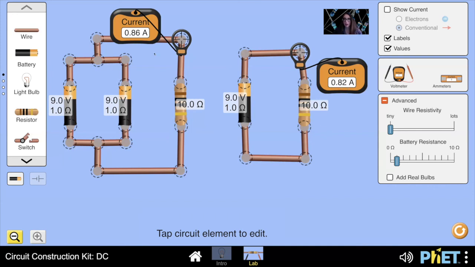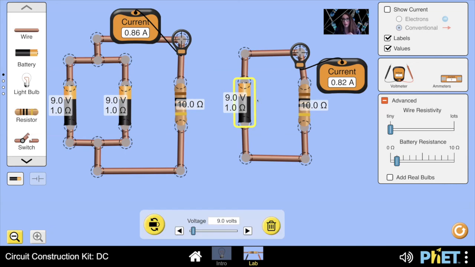But this circuit over here on the left, the total current is only 0.86 amperes. So when we've got these batteries in parallel, the total current being supplied, if they have some internal resistance, is going to be greater than the total current being supplied by this battery on its own if it has some internal resistance.